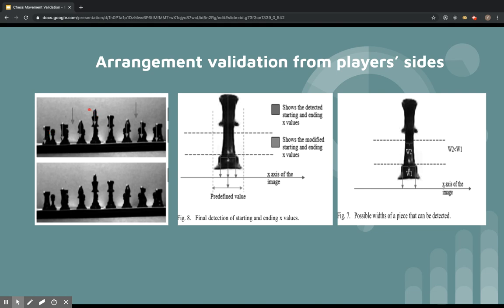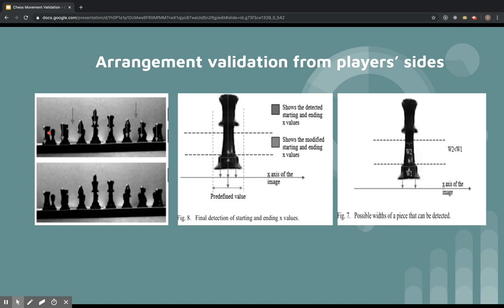There's the king right here who has the highest y value, and detecting the x values as you scan from the left to the right and the top to the bottom generally gives an idea of how many pieces are in the rear. And the y values give an idea of the difference in heights of each of these pieces.